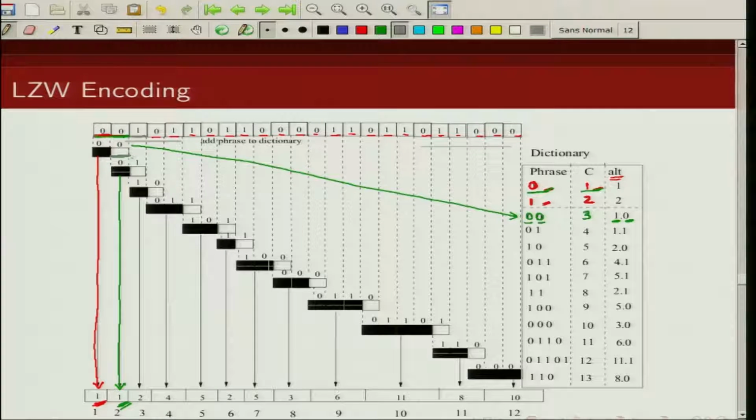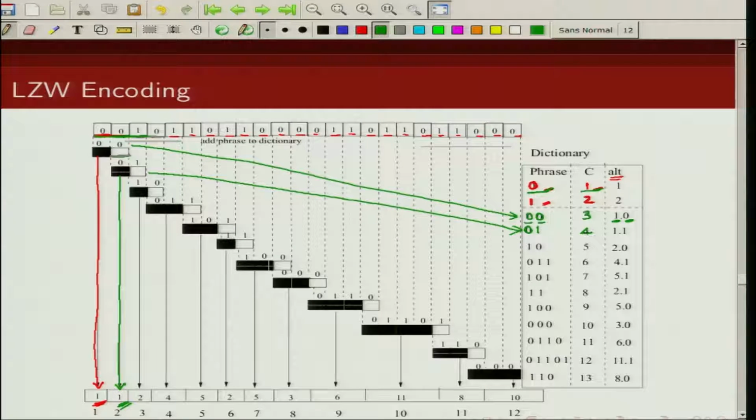Next, we are looking at 1 here. Let's look at the next bit, that is 0. Is 1 0 in the dictionary? No. Now remember, when we encountered 0 followed by a 1, this was not there in the dictionary, so we have to put 0 1 in the dictionary.